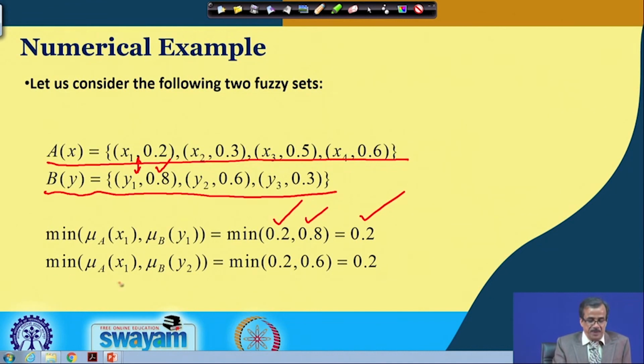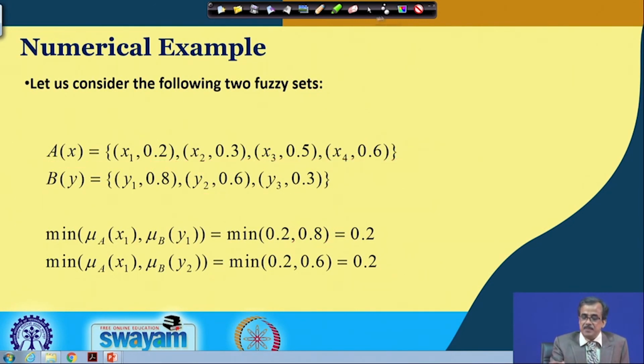Similarly, we will have to compare mu A(x1) and mu B(y2), that means 0.2 and 0.6, and their minimum value is nothing but 0.2.